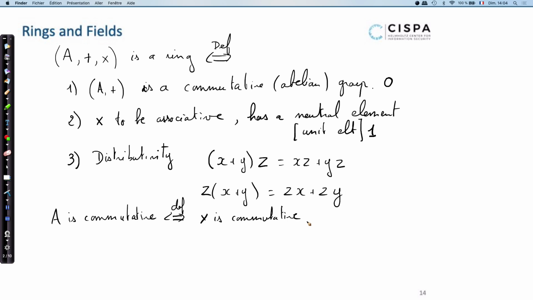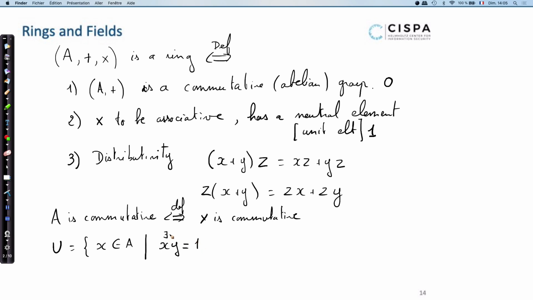So what else do we need? So we are going to look at this ring, and in the ring we are going to look at some elements. So we are going to look at the set I'm going to call U, which is a set of elements x that have inverses. So what is an inverse? It's an element y such that x times y equals 1.